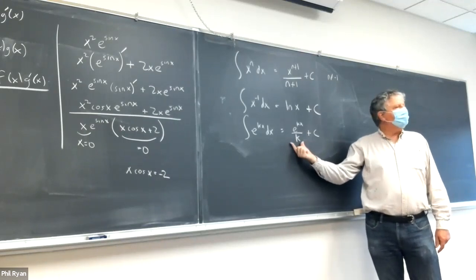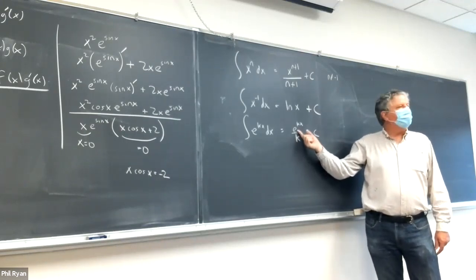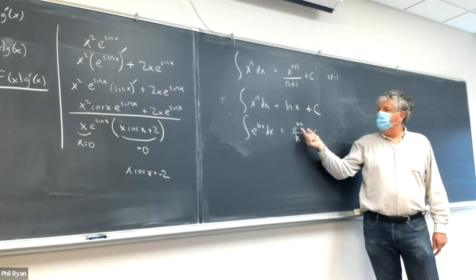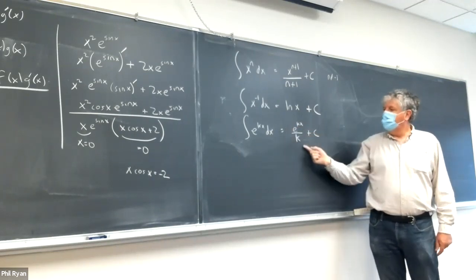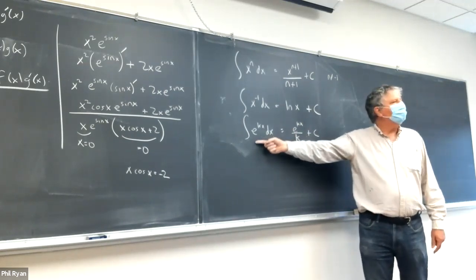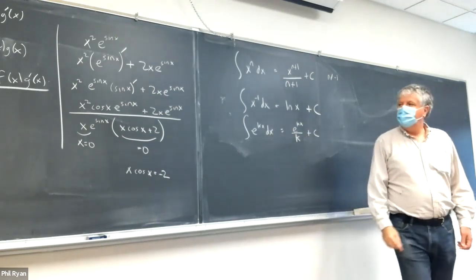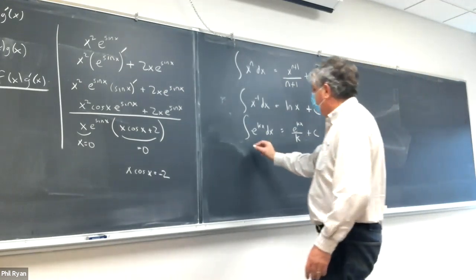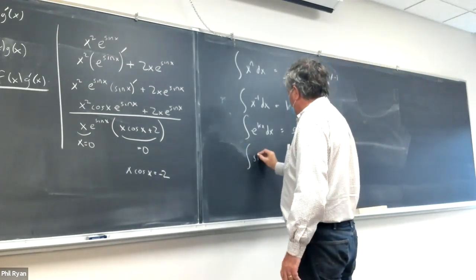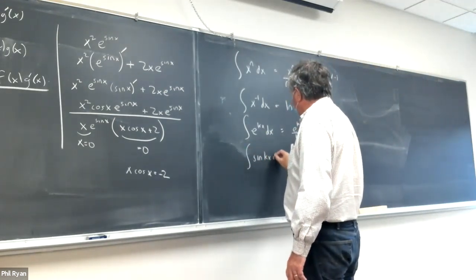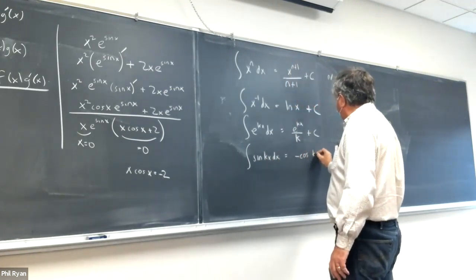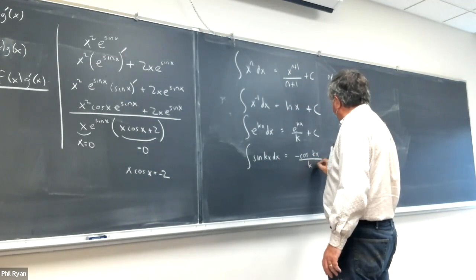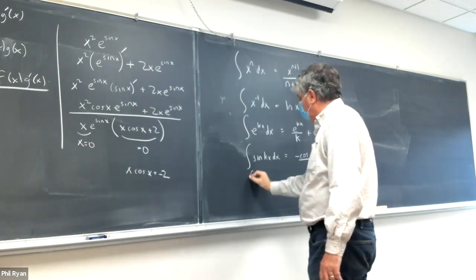When we take the derivative of this, the derivative of an exponential is an exponential, but then by the chain rule, we have to multiply by k, and the k's cancel, and we end up where we started from. And also, the integral of sine kx dx is minus cosine kx divided by k plus c.